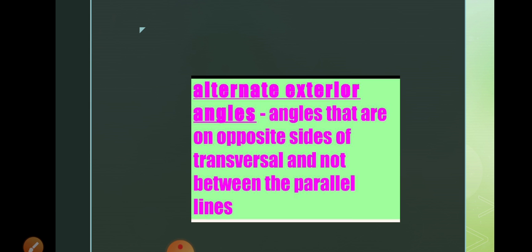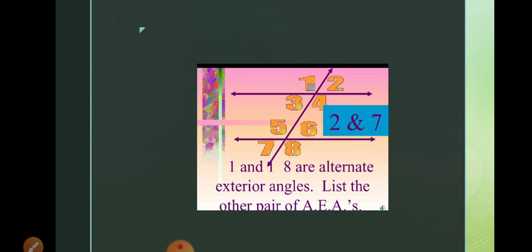Now alternate exterior angles: angles that are on opposite sides of the transversal and not between the parallel lines. They lie on the exterior sides of the parallel lines. From the figure, look at angle 2 and angle 7.